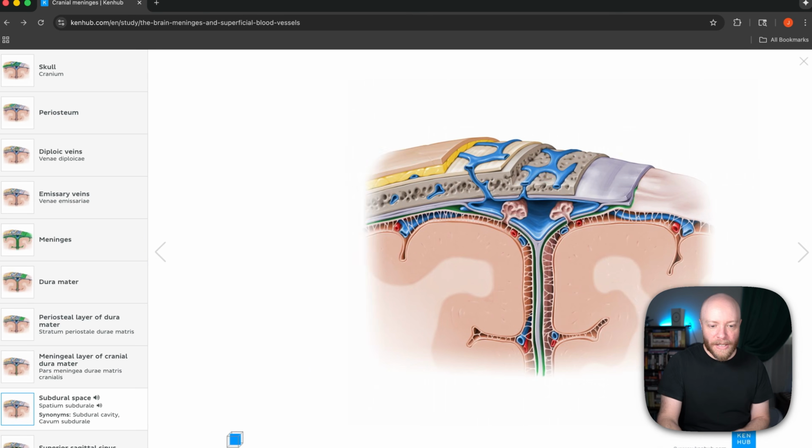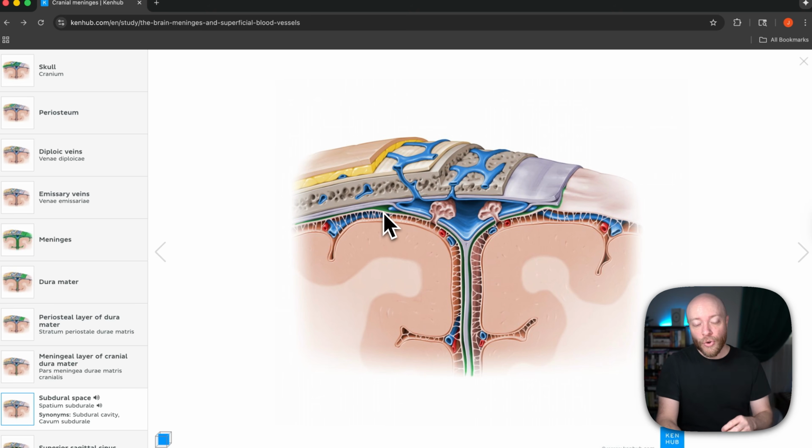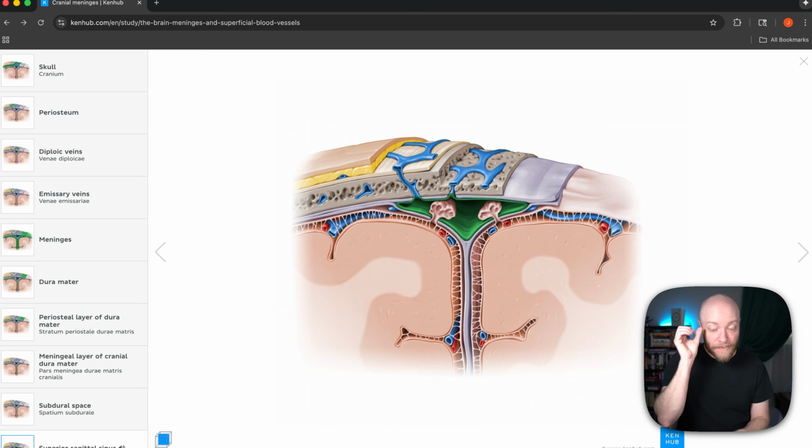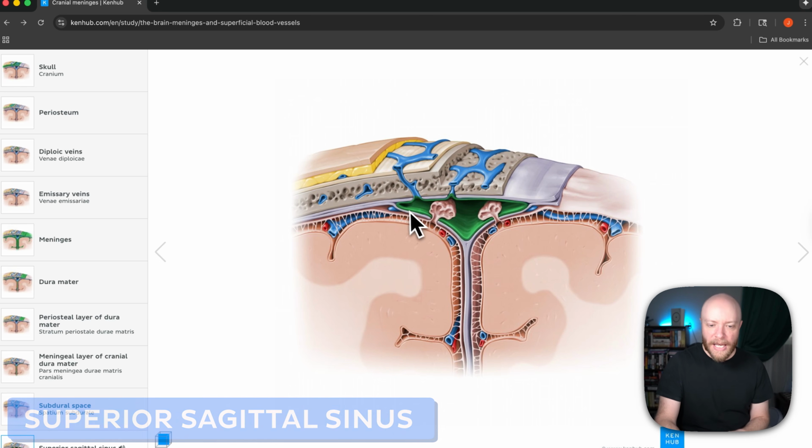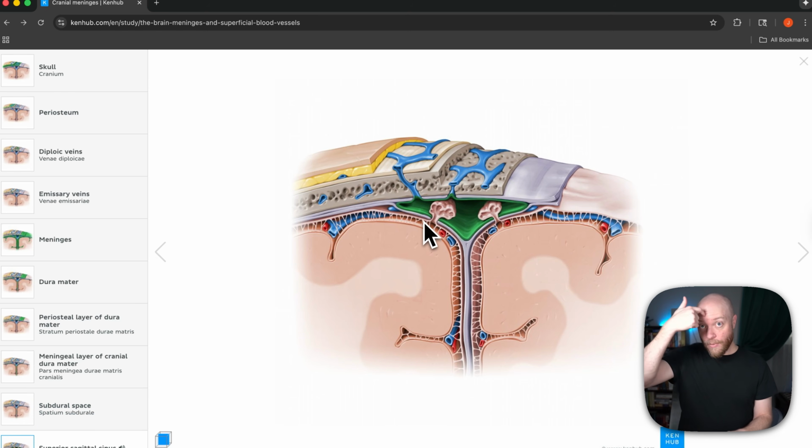So again, we can go back here and we can see the subdural space. Okay, so now we get to talk about this dural venous sinus. This is a specific one that we call the superior sagittal sinus, and this is really massive. This makes it seem like it's just tiny, but in reality, it goes all the way right here.